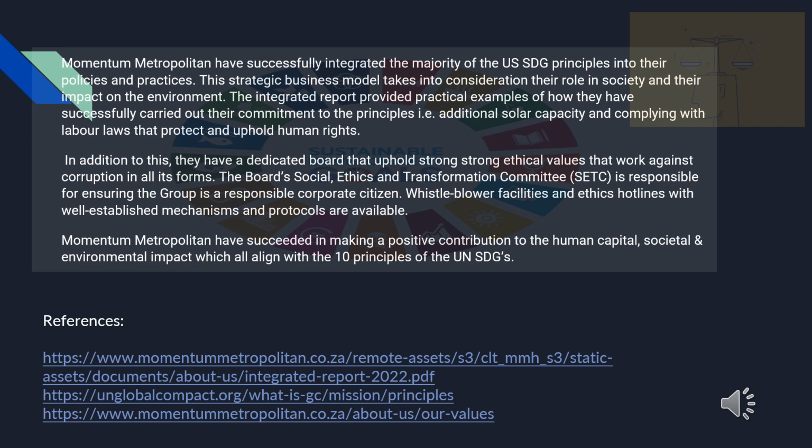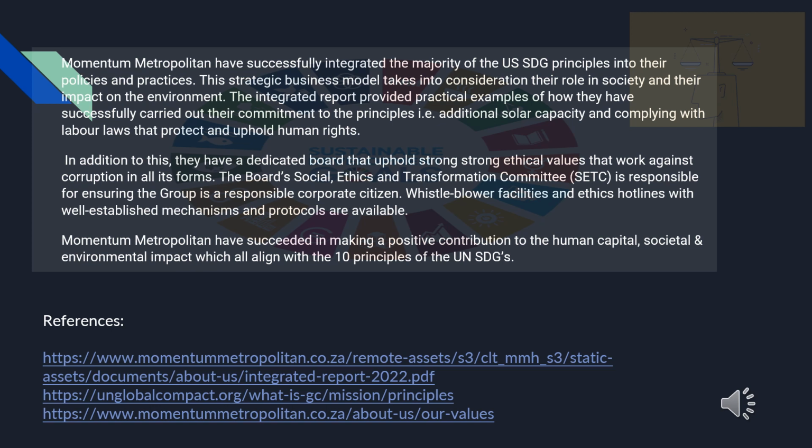They are responsible for ensuring that Momentum Metropolitan acts accordingly as a corporate citizen, and they incorporate King Code ethics into their group. They have whistleblowing facilities and ethics hotlines that ensure that all forms of corruption are eradicated.